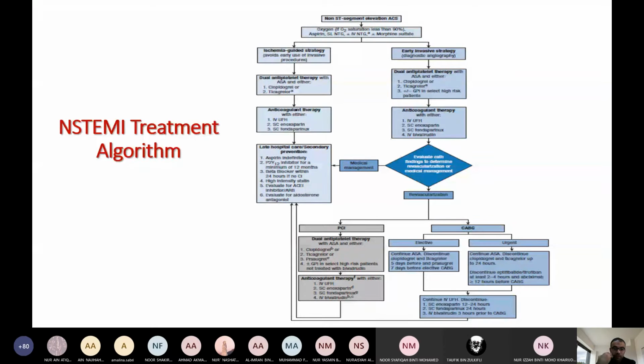I would appreciate it if anyone among you, brothers and sisters, can try to highlight what they found in this algorithm.